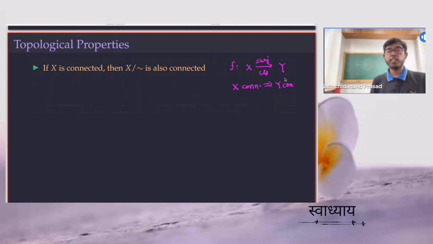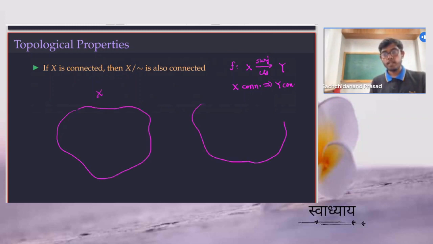This is not very difficult. I'll do it with pictures. If this is my X and this is my Y, connected means it does not have a separation. That means Y cannot be written as the union A union B, where A and B are proper, non-empty subsets. So this we cannot write.